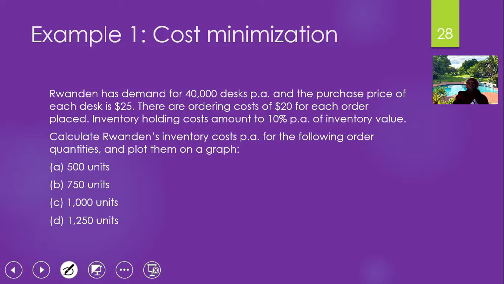Now, by the end of the day, we have to minimize costs, but we have to know which size of order is appropriate at a given point in time. Like I have emphasized, suppose we are ordering, let's say, 500 items at a point in time or per month.